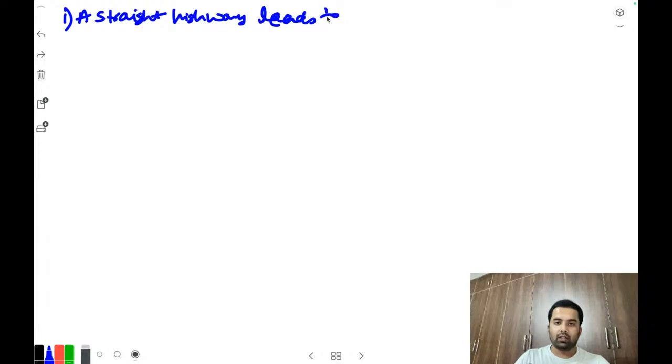Leads to the foot of a tower. Put a full stop.